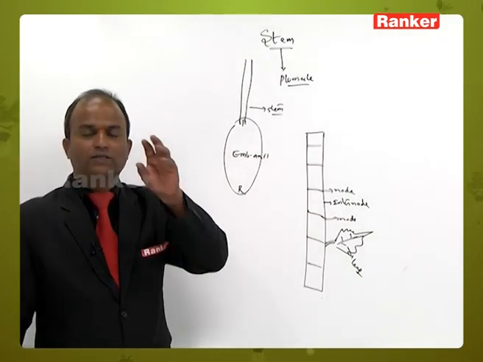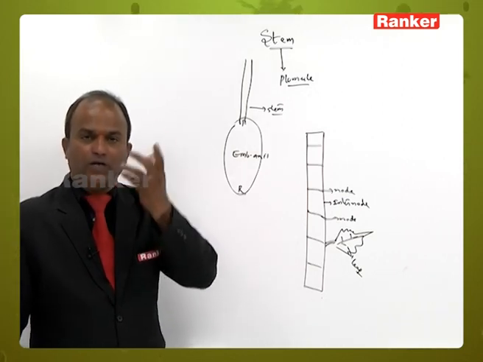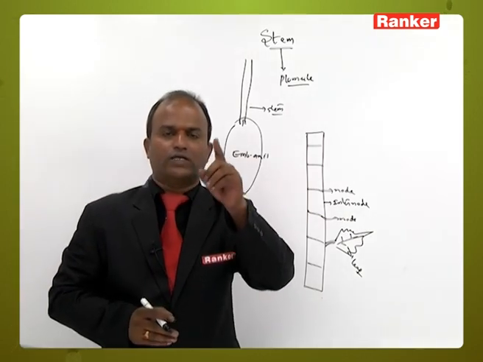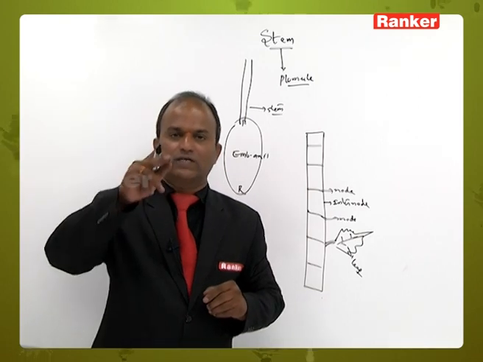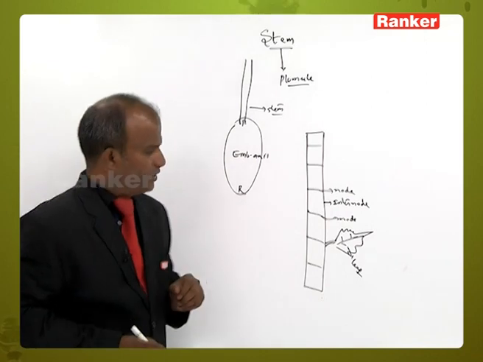Why? Because it plays an important role in photosynthesis, due to which the plant can prepare its own food materials. From the leaf, those food materials are transported towards various organs of the plant body, including the fruits, in order to store the food materials.